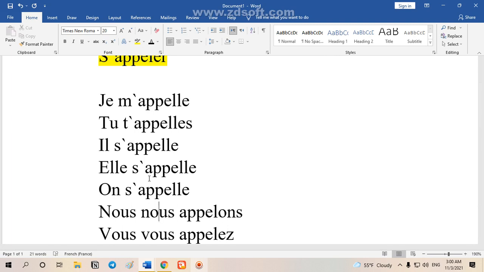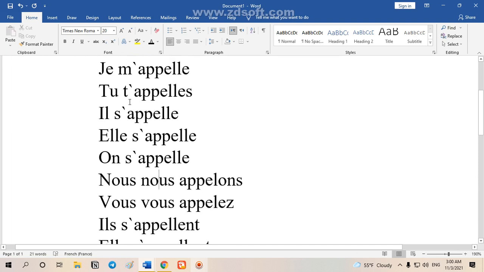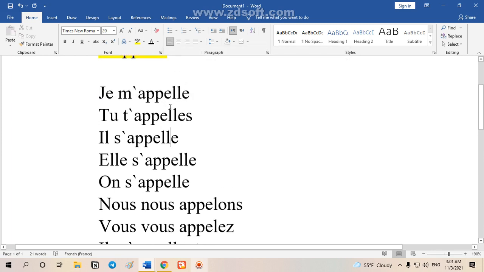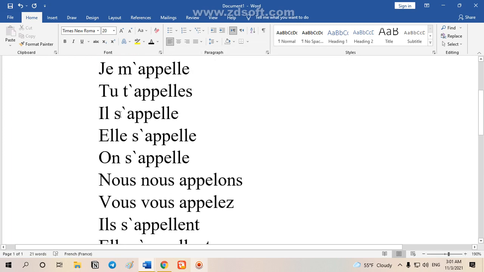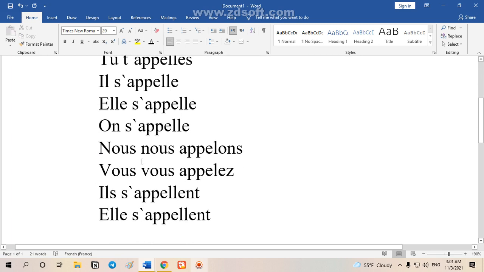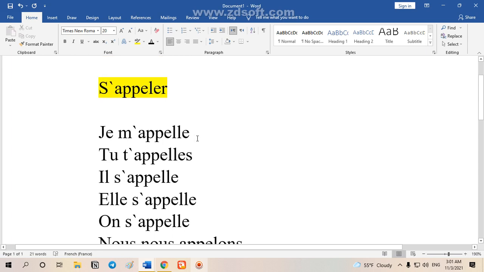Just memorize it, and don't confuse yourself because of curiosity. Je m'appelle, tu t'appelles, il s'appelle, elle s'appelle, on s'appelle, nous nous appelons, vous vous appelez, il s'appelle, elle s'appelle. Try practicing it several times to keep it in your mind in order to introduce yourself.